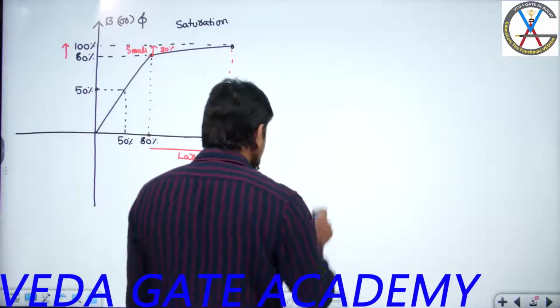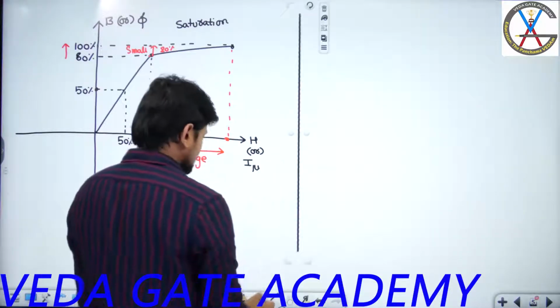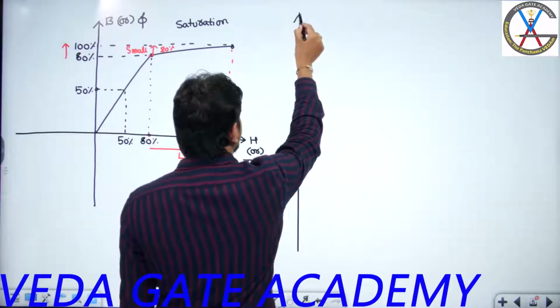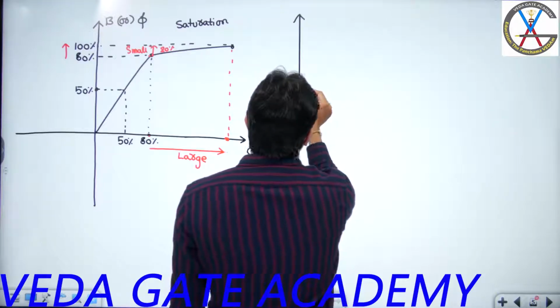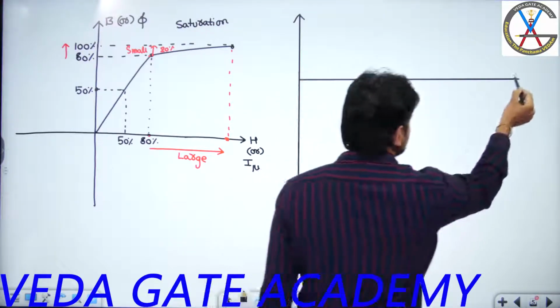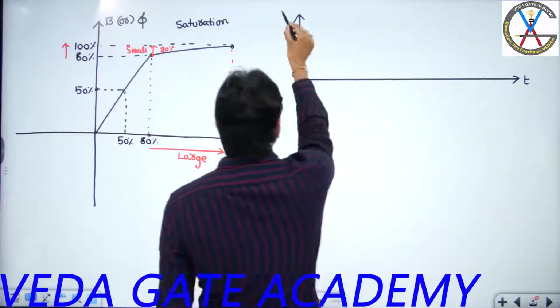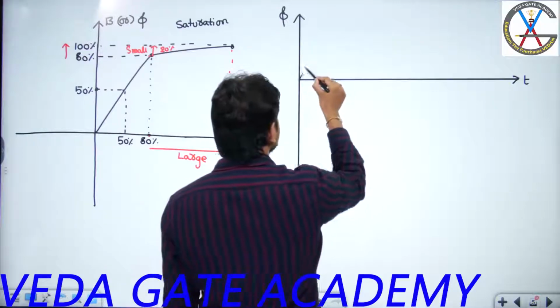Now what is my interest? Let us try to draw the graph. Let us consider the x-axis as time, and this is flux. And what do I require? I require the shape of the flux as sinusoidal.